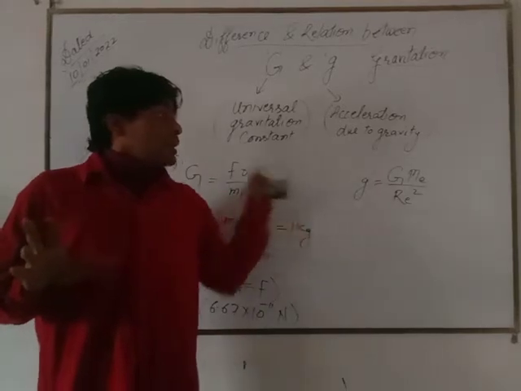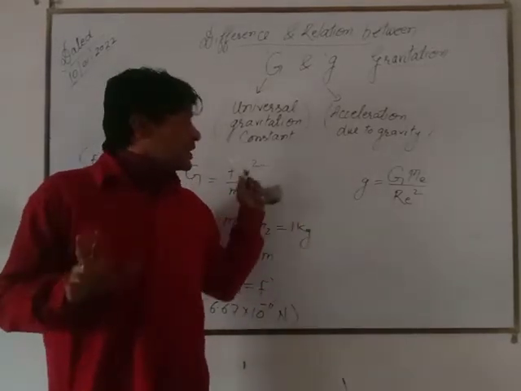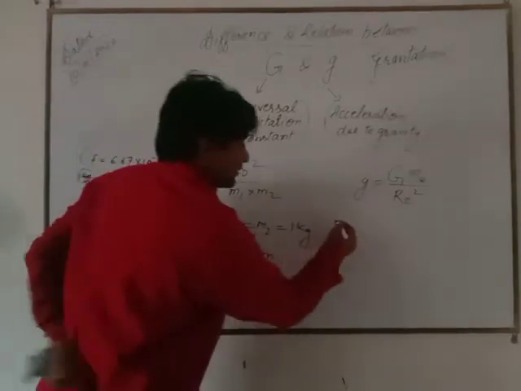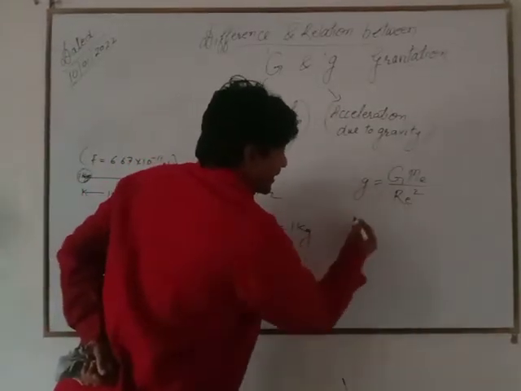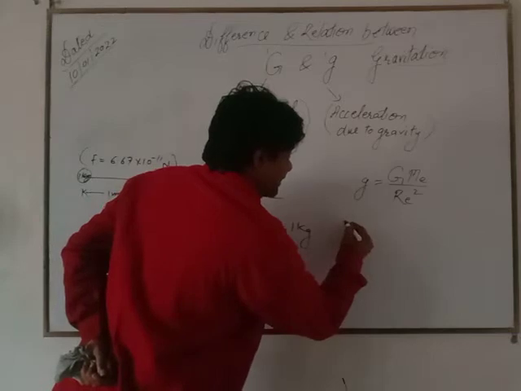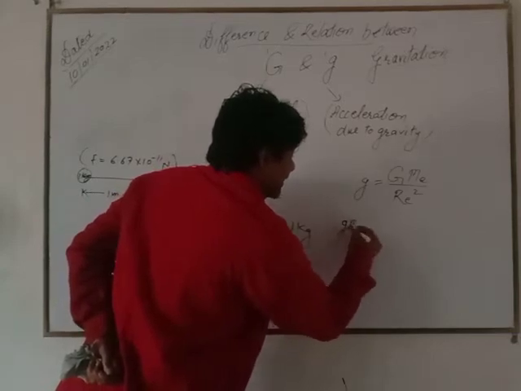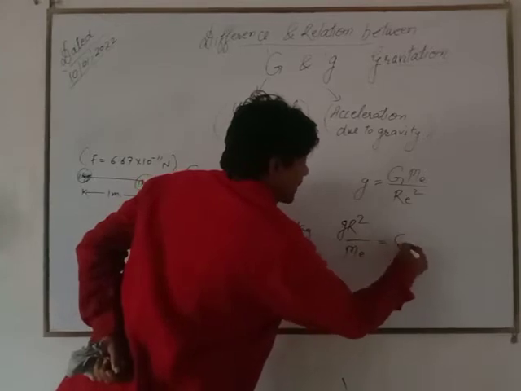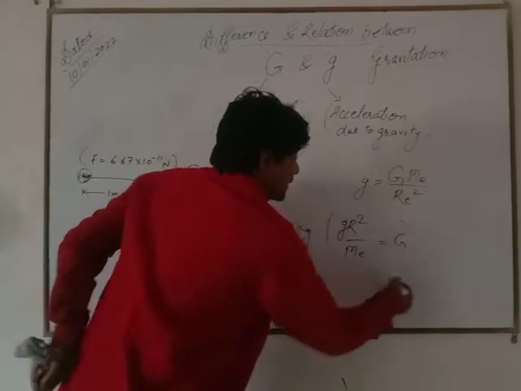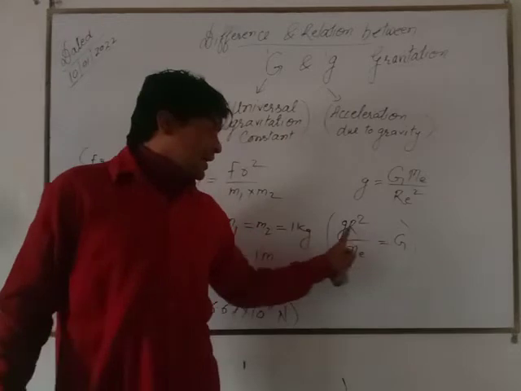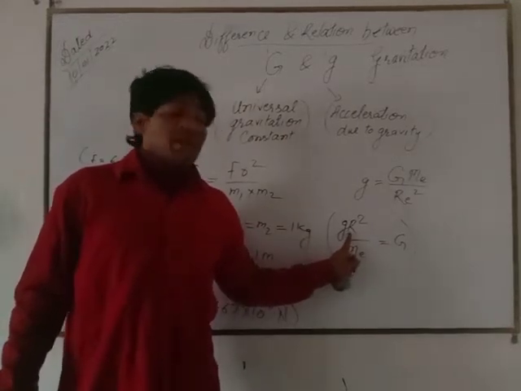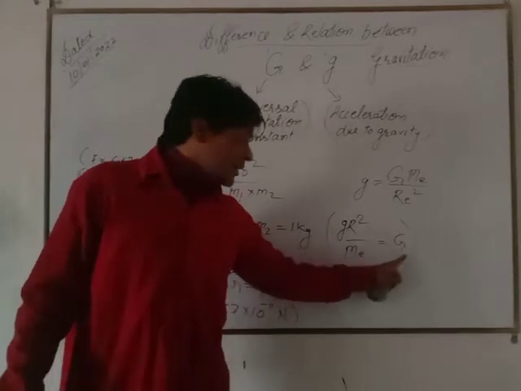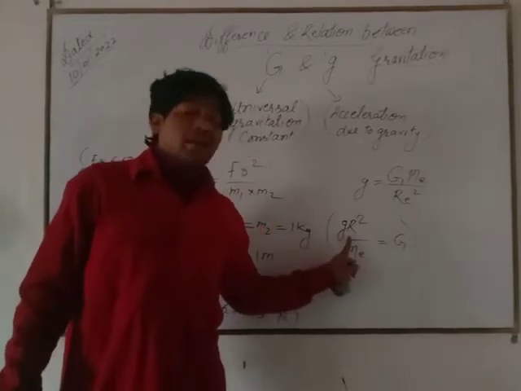This is the difference between capital G and small g, and what is their relation. You are seeing that g R square upon mass of the earth is equal to capital G. It means capital G and small g are intrinsically related to each other, right?